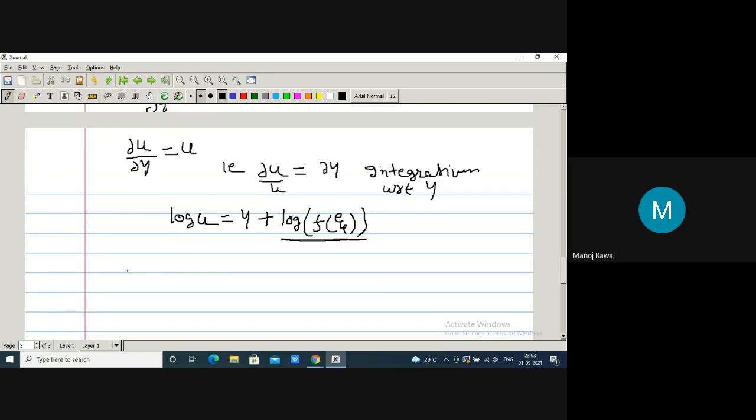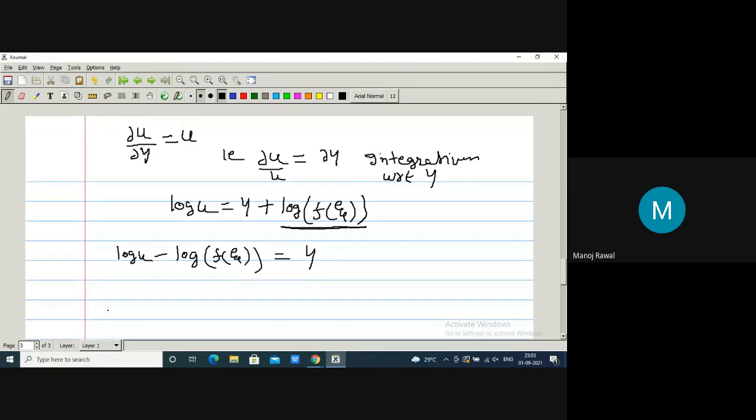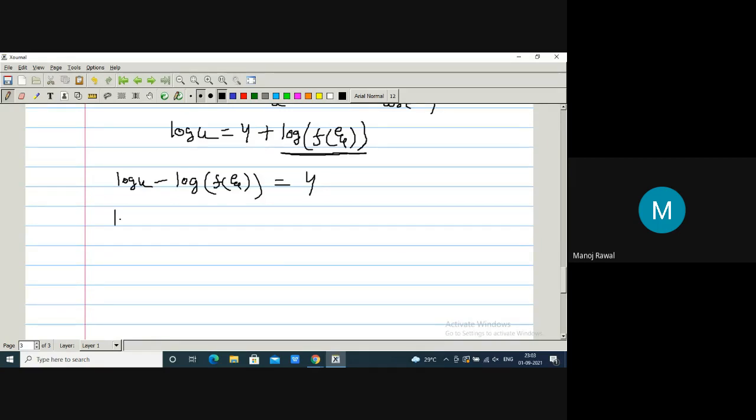Now, this is nothing but log u minus log of f(xi) is equal to eta. Now log a minus log b, you already know. So log of u upon f(xi) is equal to eta, and therefore you will get u upon f(xi) is equal to e raised to power eta.